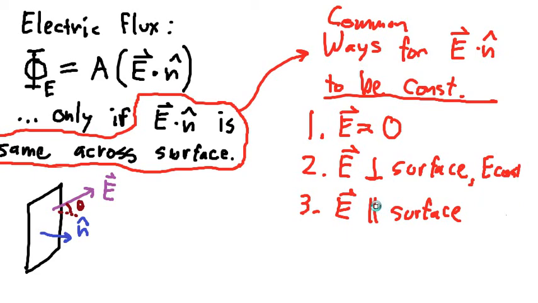Okay. And in that case it's 0. Two is where the electric field is perpendicular to the surface. And three is where the electric field is parallel to the surface.